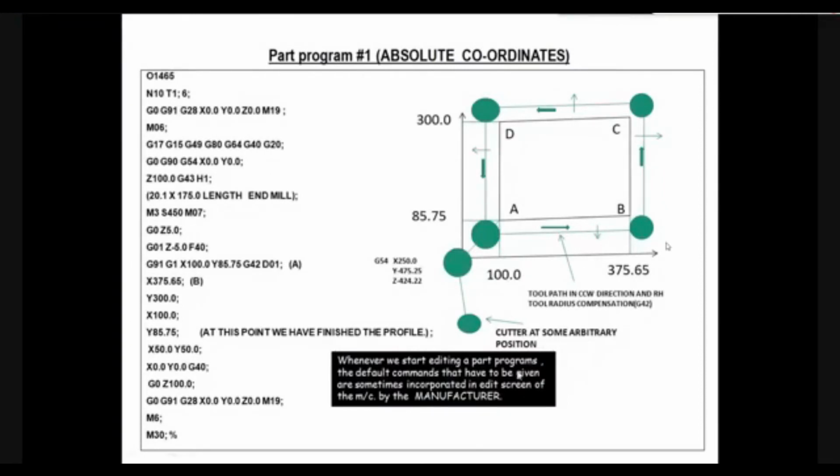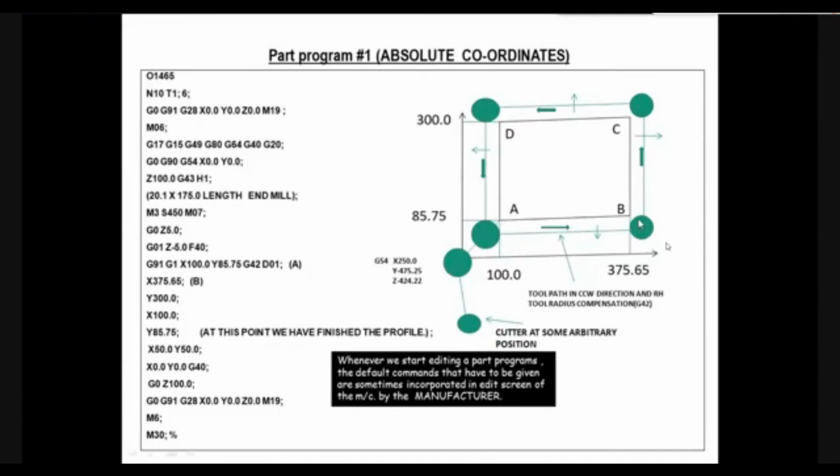From here, the cutter will be taken to the workpiece origin in rapid motion. Actually, this rapid motion is represented by dotted lines, but I had some difficulty in preparing this PPT, so I have drawn it in a solid line. From O, the cutter is taken towards A, and from A it travels towards B in cutting action.